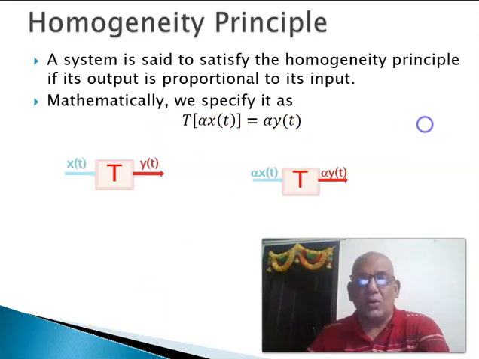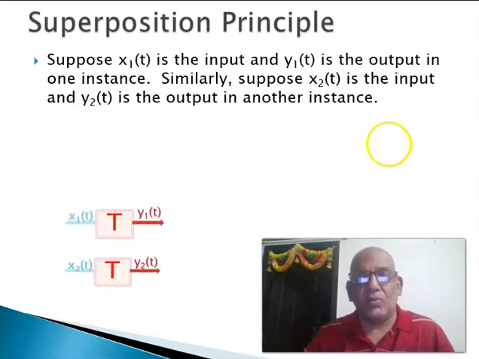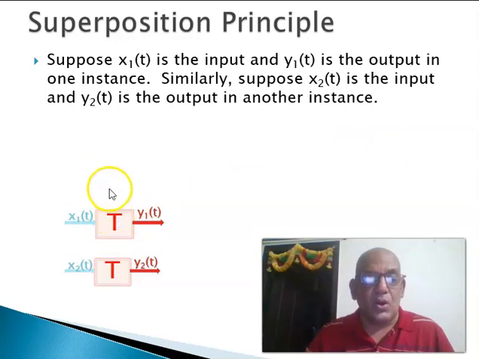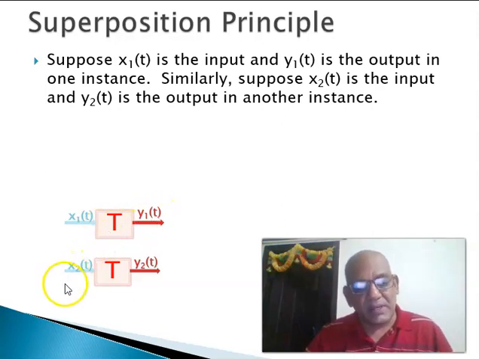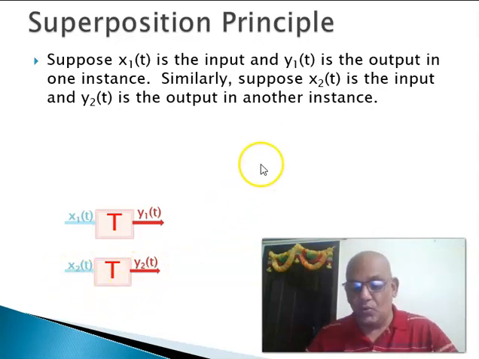Next, we go on to define what we call superposition principle. Let us say you have a system T onto which you apply an input x1(t) and you get an output y1. In another instance, let us say you apply an input x2 and you get an output y2.